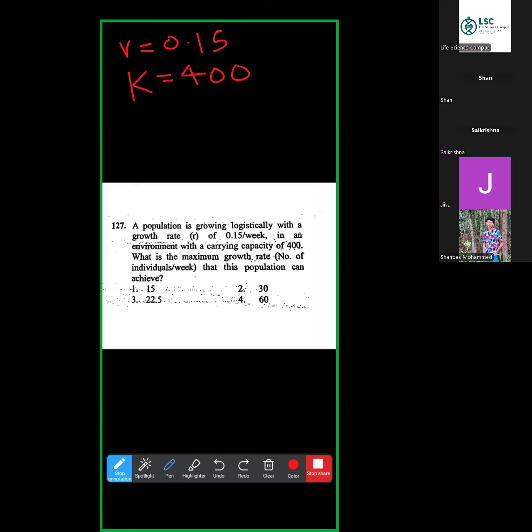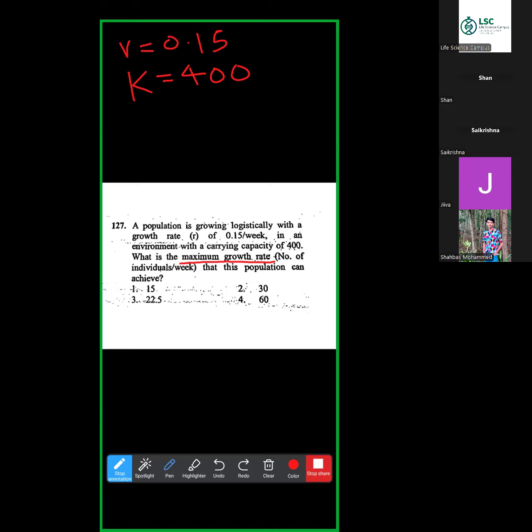This question is an indirect question. We cannot directly apply the logistic growth equation here, but all the hints are there in this question. So they are asking for the maximum growth rate. When will a population achieve maximum population growth or maximum growth rate?